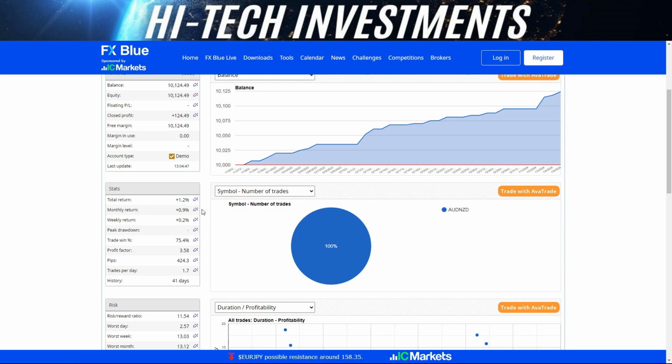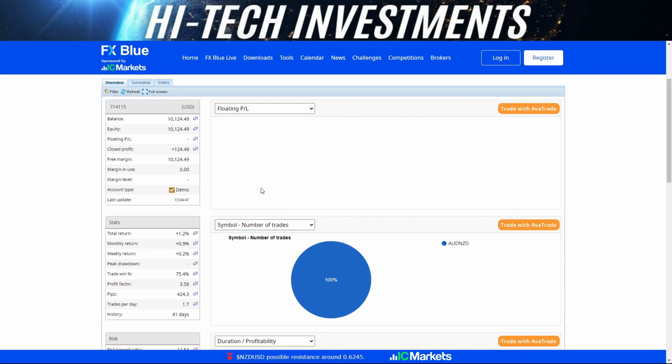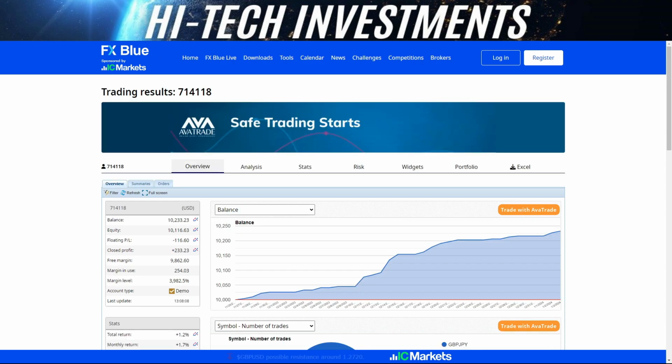So that means 9% if you had it on an account of $1,000. Weekly return 0.2. And let's have a look also at the floating profits we have in here. That looks okay, $85.49. Looks like it's trading nice and steadily all the way through.